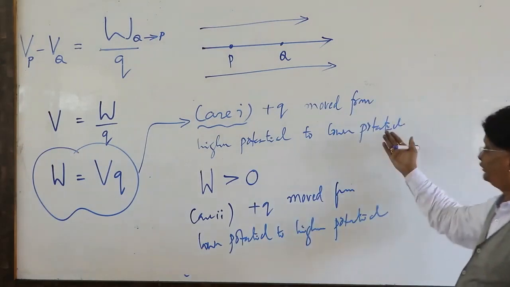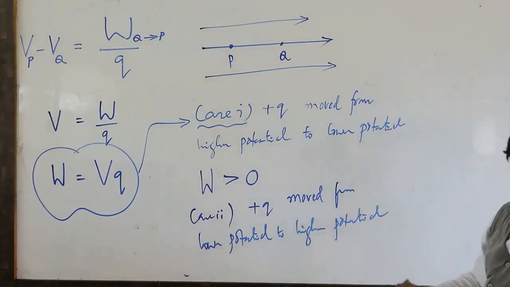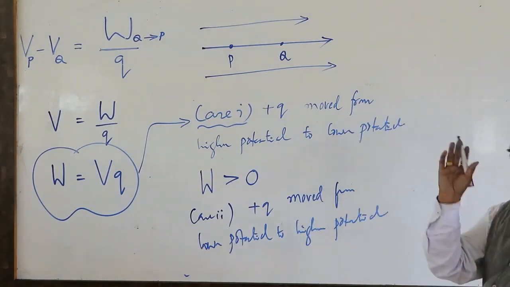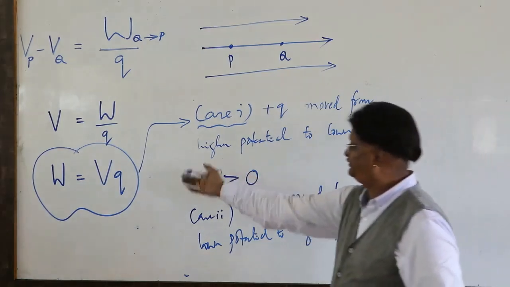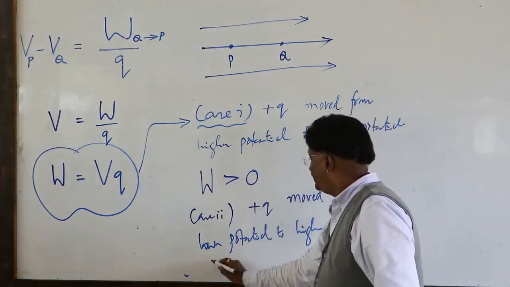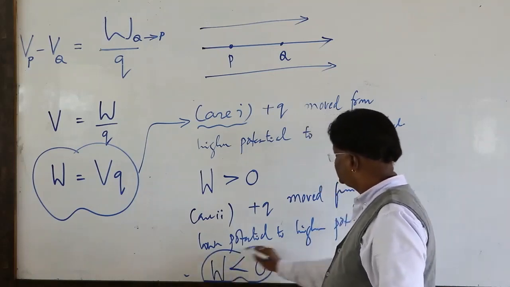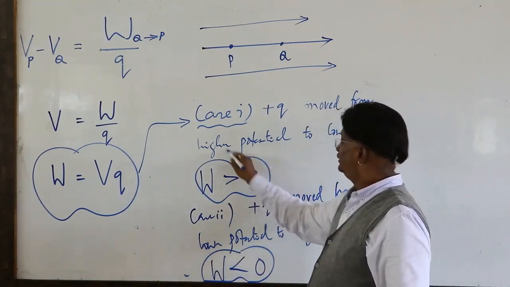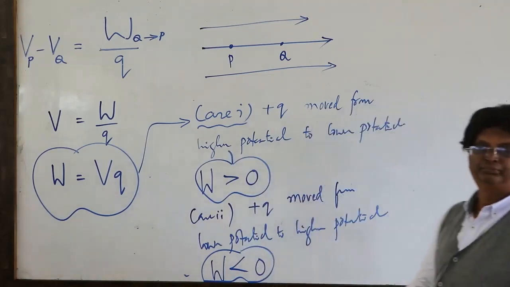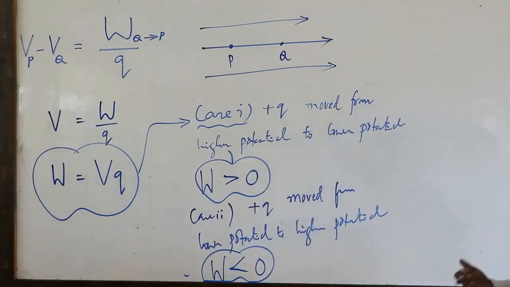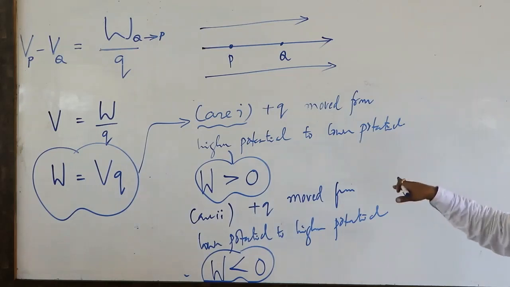The displacement is along the field, here the displacement is opposite to the field. Combine all our previous results, and this definition also tells you that work done is less than 0, negative work. Positive work, negative work, for positive charge I have told you.